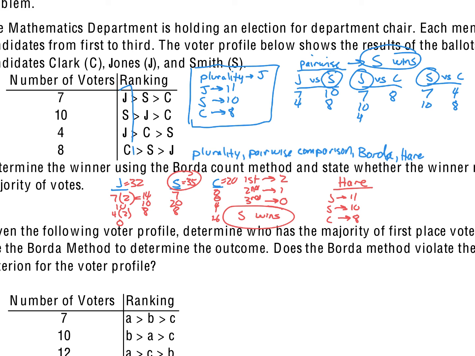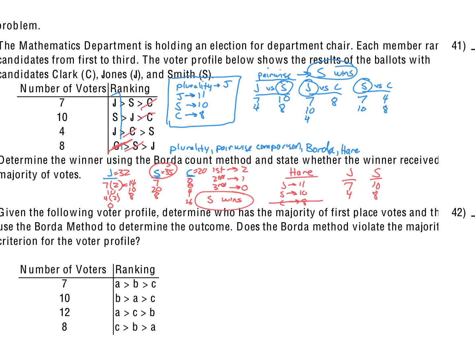That means we're going to eliminate the C's, because that was the lowest. So recalculating now between J and S, J has 7, S gets 10, J gets 4, and S gets 8. So S wins the Hare.